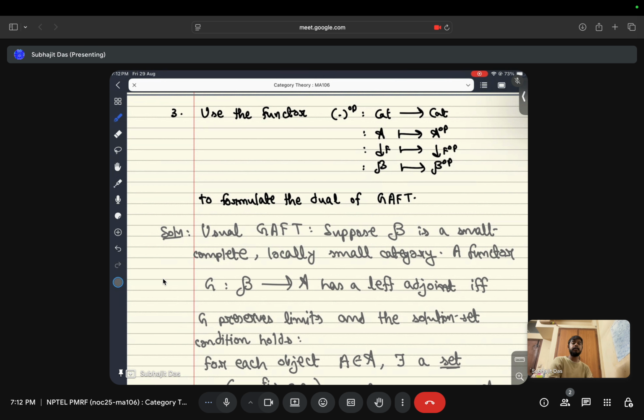So in A op, an arrow from A to B is exactly an arrow in A from B to A. This is how the arrows of A op are defined, and this induces a composition from the original composition of A, and this is your opposite category A op.